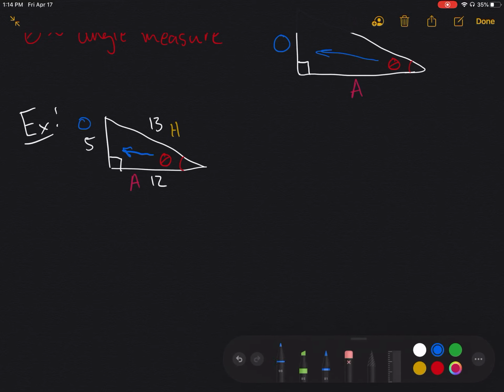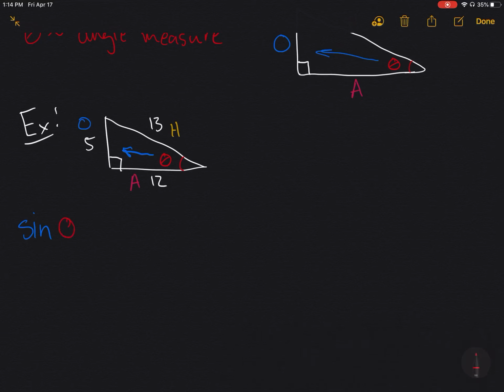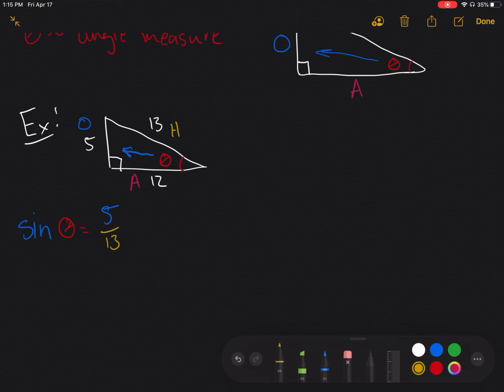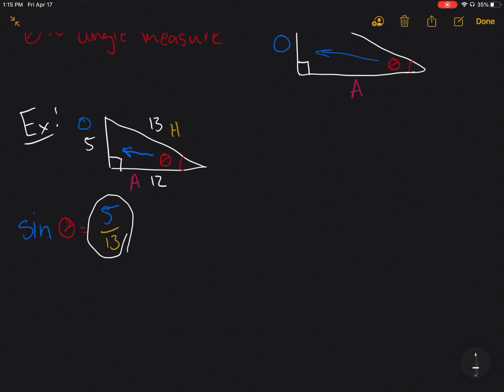Okay, so if I wanted to find the sine of my angle, then I will take the opposite, which is 5, over the hypotenuse, which is 13. And so the sine of theta, in this case, would be 5/13.